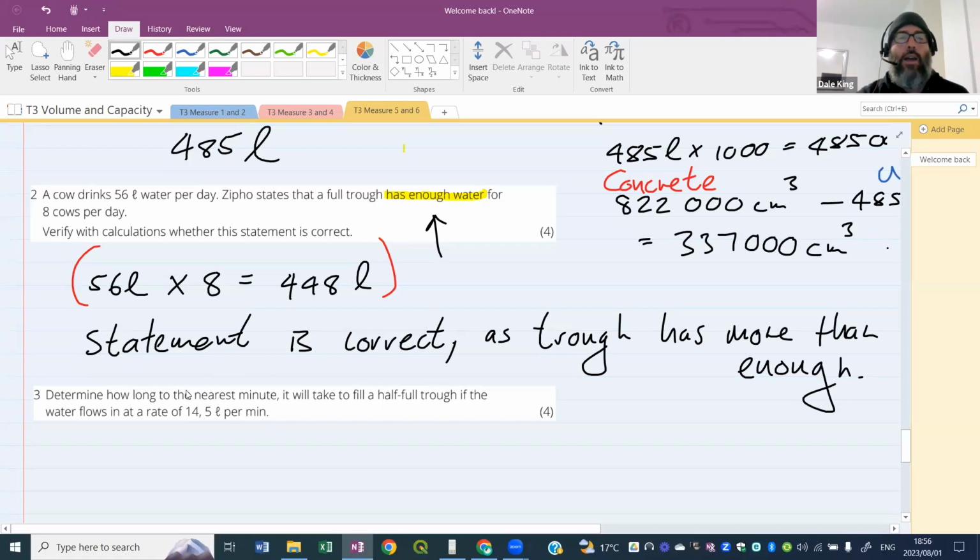All right. Question 3. How long to fill half a trough if it's 14.5 liters per minute? Tando, where are you getting the 45 from?